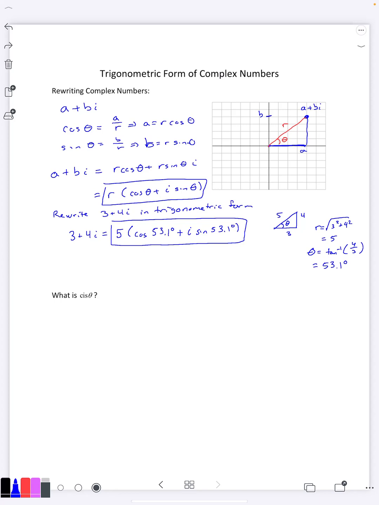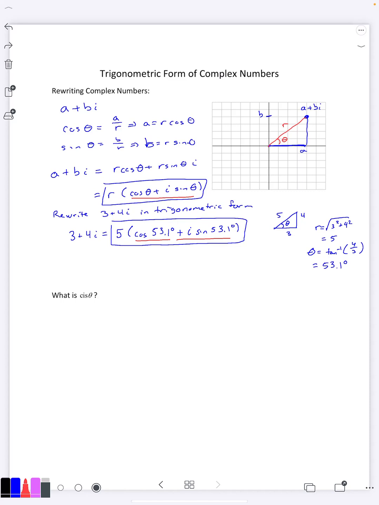Now, there is one thing that we can do to try to make it a little bit simpler, shorten it a little bit. Every single time you have a trigonometric form, you're going to have cosine of an angle plus i times sine of the same angle. That's exactly what we have here. Cosine of 53.1 plus i times sine of 53.1 degrees.